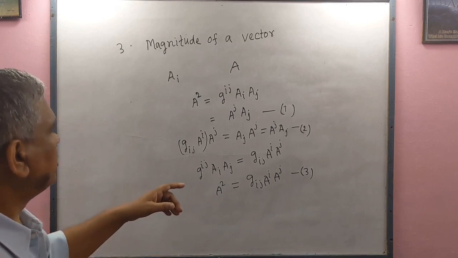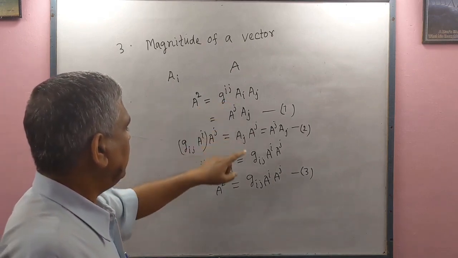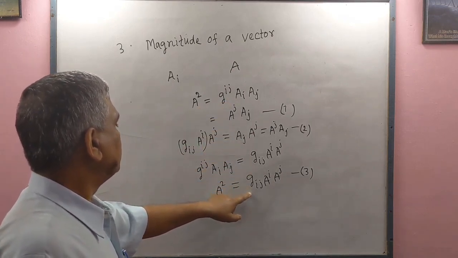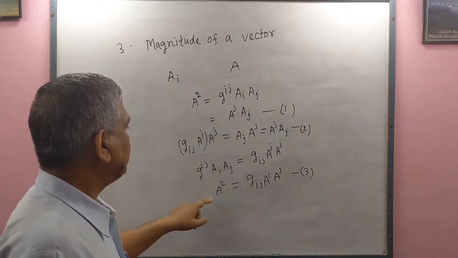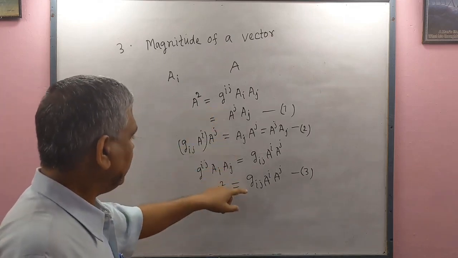So from this equation and this equation we see that left hand side equal, then right hand side equal.